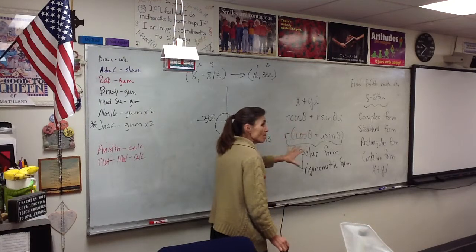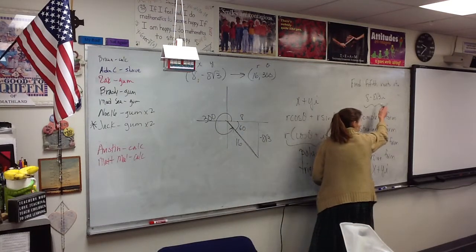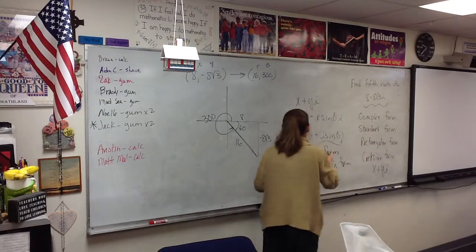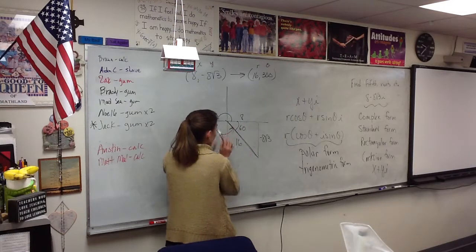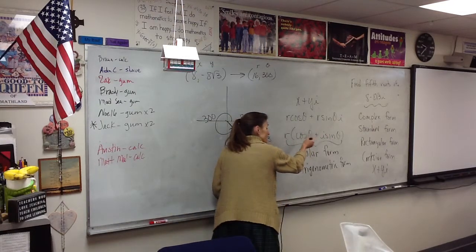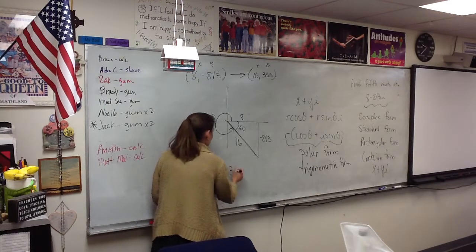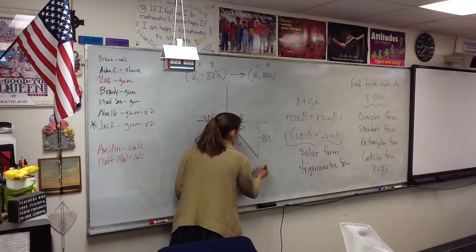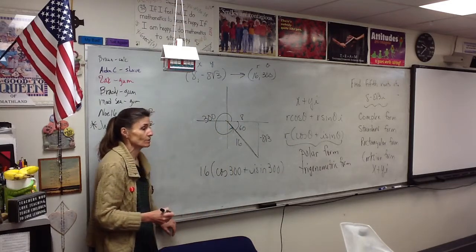So our number, because it started out as a number, not as an ordered pair, we'll do everything the same. We'll find our r, we'll find our theta, but now we'll write it this way. So we'll write 16 times cosine 300 plus i sine 300. That's the way we will write our answer.